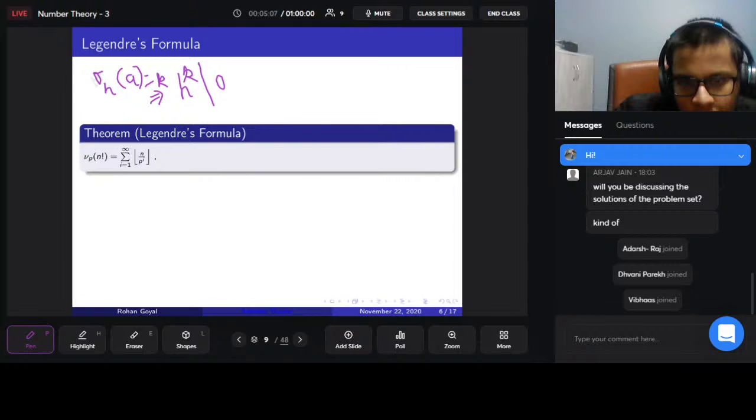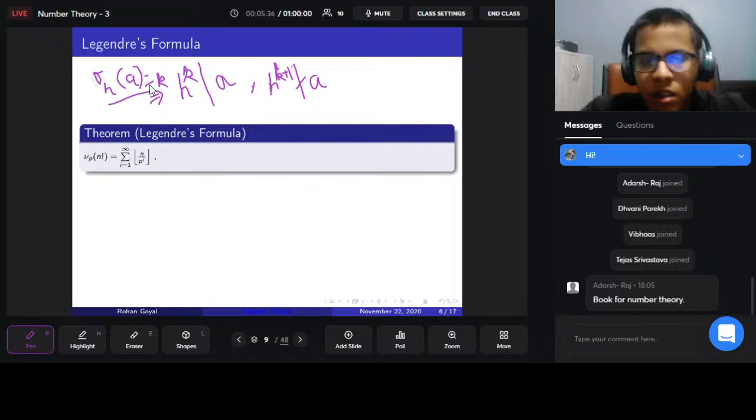So this is what v_p(a) means. This is a very common notation, called the p-adic valuation notation. It's not actually called V, but for convenience, we'll just call it V for now.